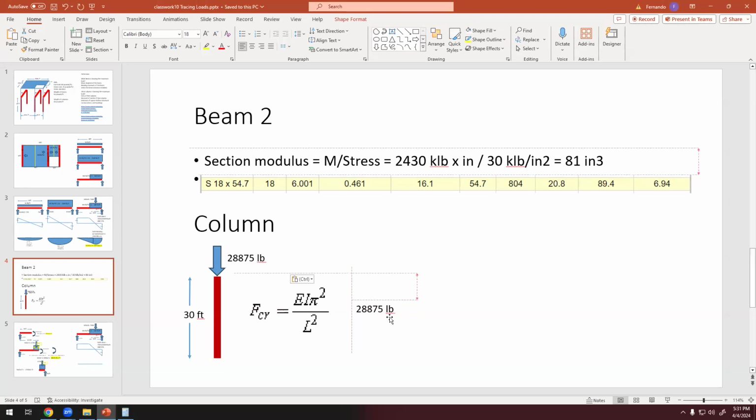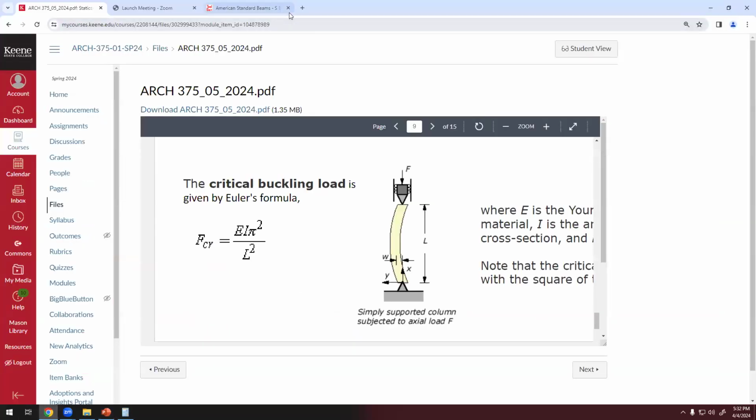If this is the load, that equals E. What was the Young modulus? I never look back to what the scales are like. Okay, let's do it again.